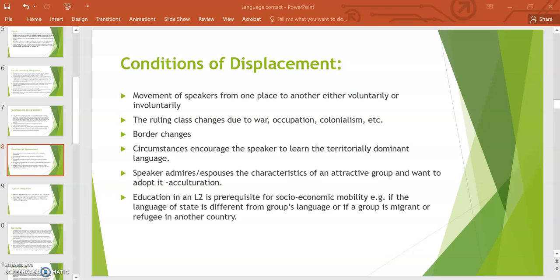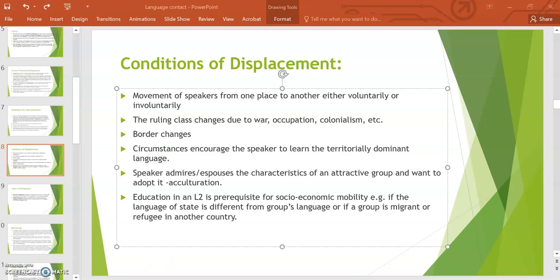In order to migrate to a larger city in northern India, for example, going to Patna or Delhi or Lucknow, as migrant laborers, they'll need to know Hindi. Thus, it becomes important for them in order to gain employment and have socio-economic mobility, they need to learn Hindi.